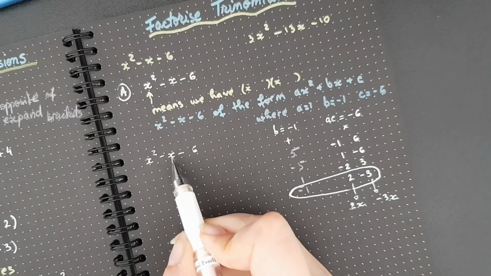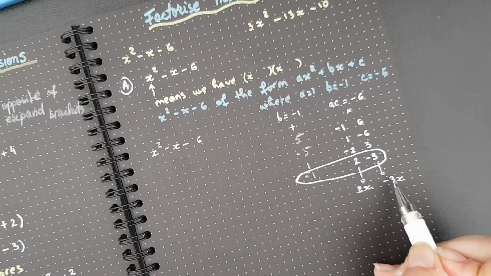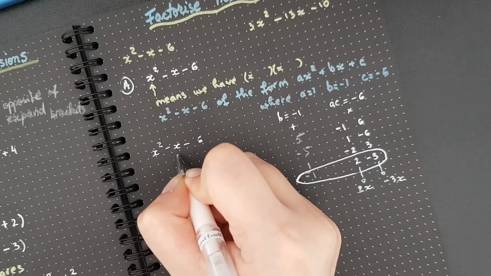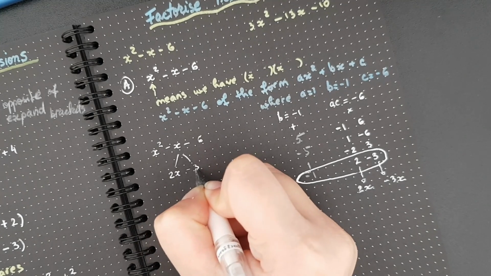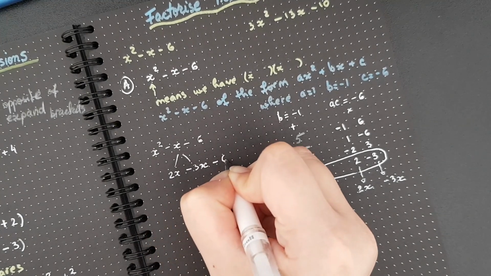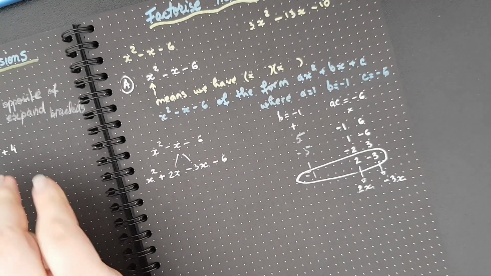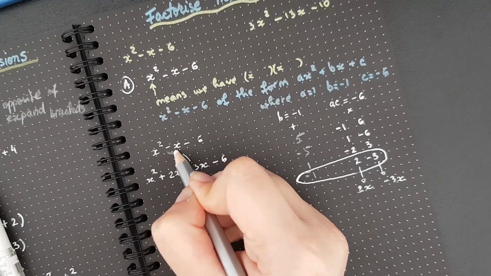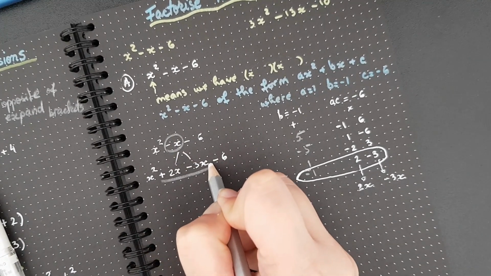So I'm actually going to rewrite the -x as a 2x take away a 3x. And then I copied the rest of the things. It's a positive x squared. So the -x there became these two things.